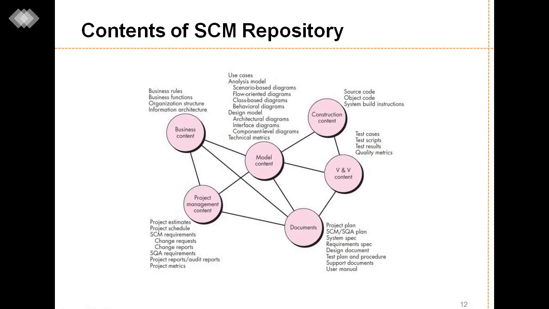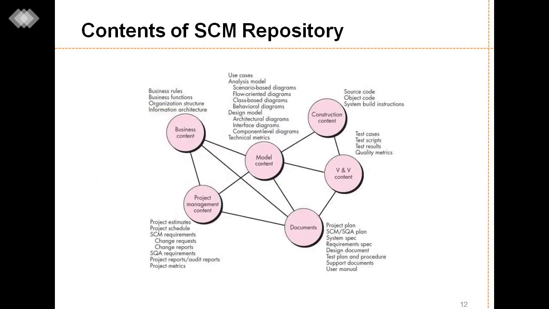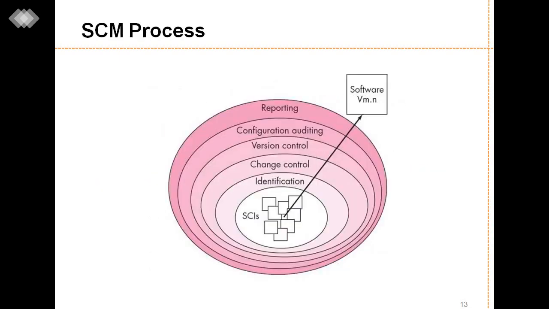So we have learned about all of them, how they relate to each other and what functions they individually perform to complete the software configuration management repository or their directories. Then we have covered the SCM processes, and one by one we have learned about identification, change control, version control, configuration auditing, and reporting.